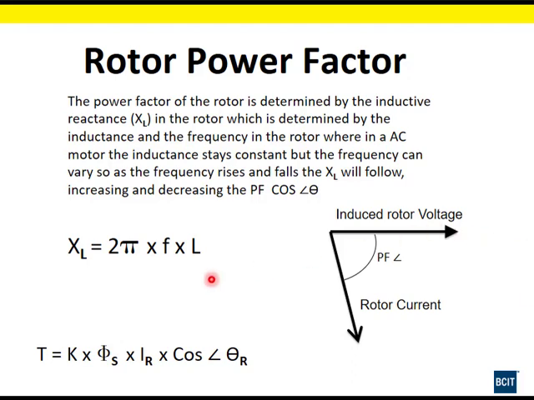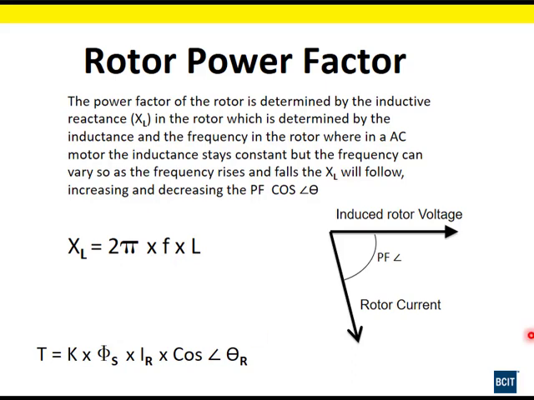If you remember from last year, when you were calculating inductive reactance, it was 2 pi FL. So we have 2 pi, our frequency, and our inductance. In the rotor, our inductance is fixed, but as we were discussing before, as we accelerate and decelerate, our frequency changes.